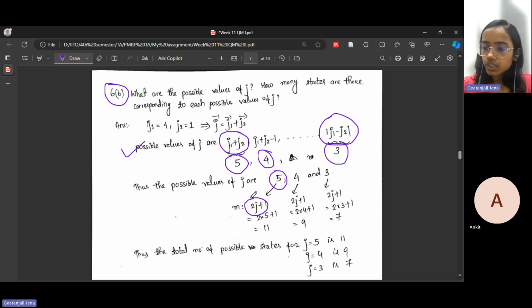And J is 5 here. So that means the total will be 2 into 5 plus 1, and that will be 11. So you will get 11 here.